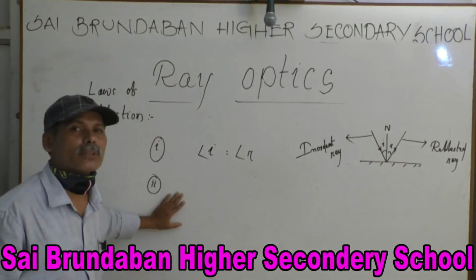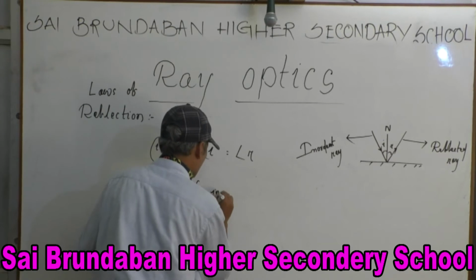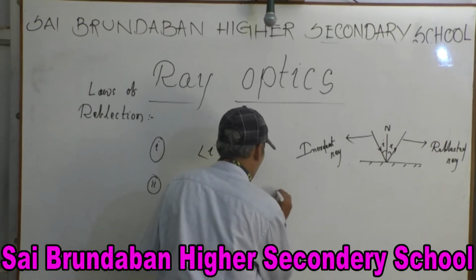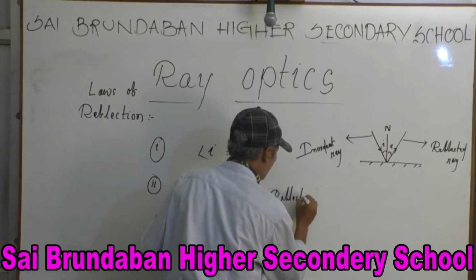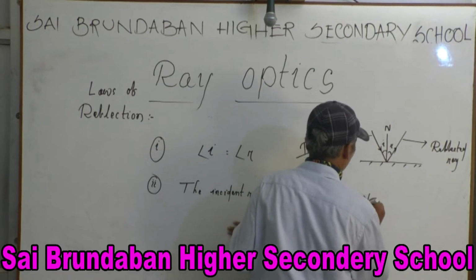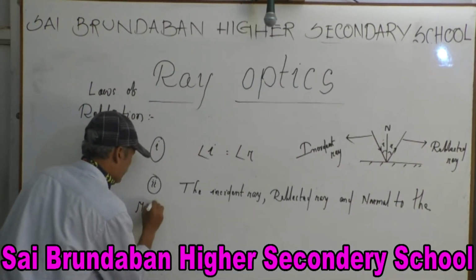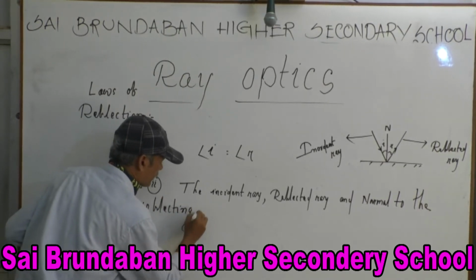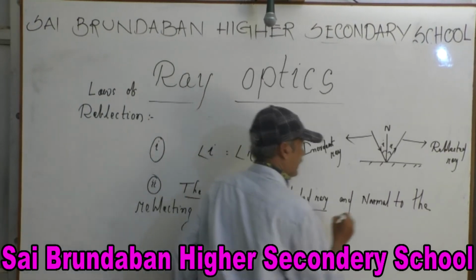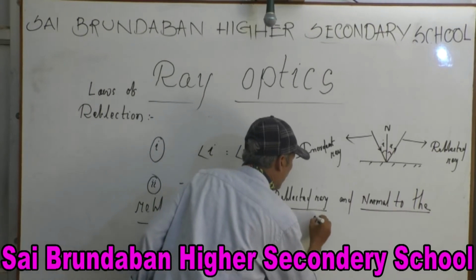The third law is the incident ray, reflected ray and normal to the reflecting surface lie in one plane.